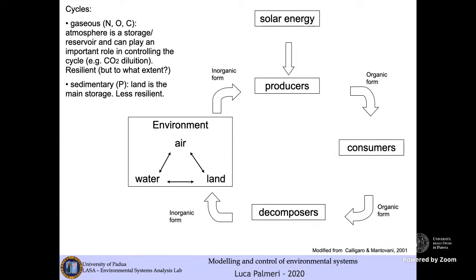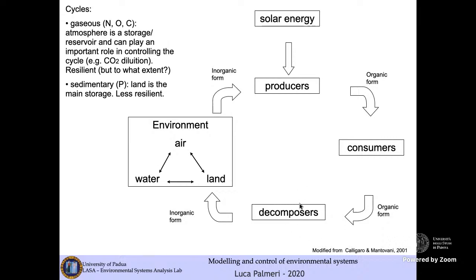I recall you that the very general way for introducing geochemical cycles is that of observing that solar energy is used by primary producers, that use inorganic forms of materials to produce organic forms of materials. These organic forms are used by consumers that produce wastes in organic form.